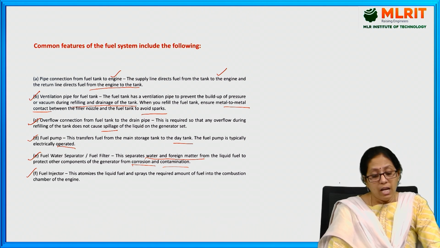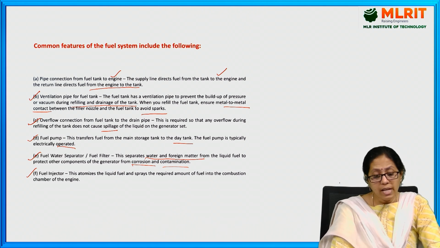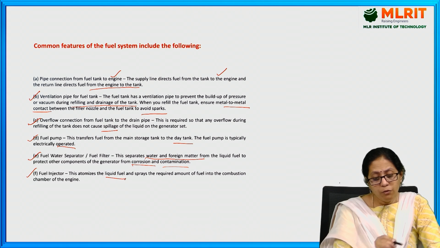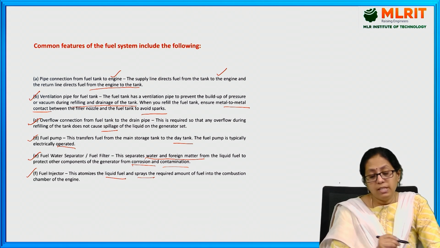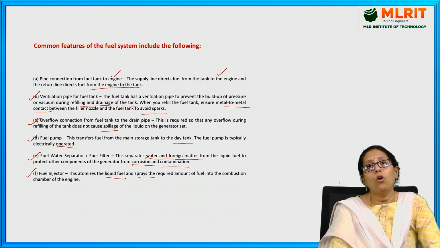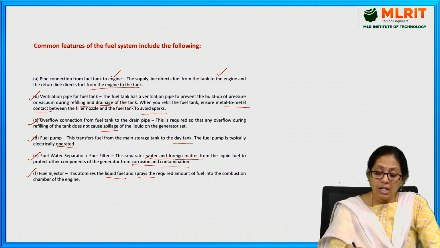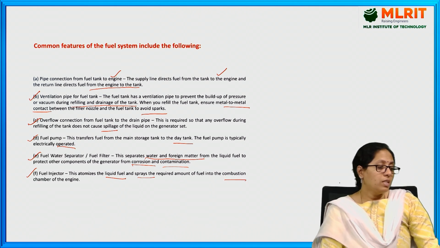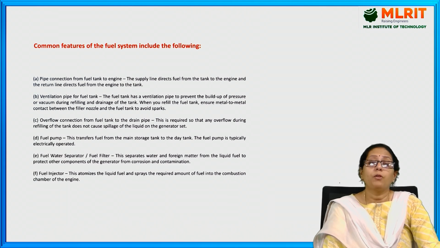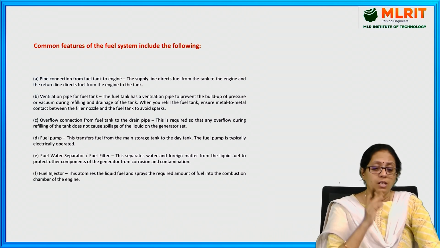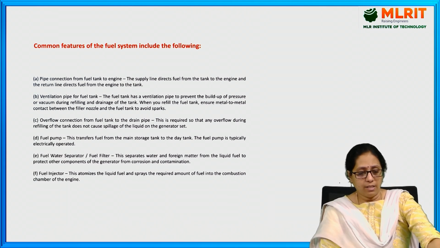This atomizes the liquid fuel and sprays the required amount of fuel into the combustion chamber of the engine. So these are the different features of the fuel systems in the fuel tanks.